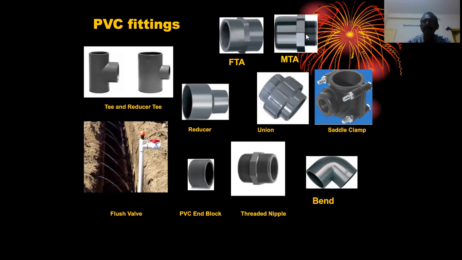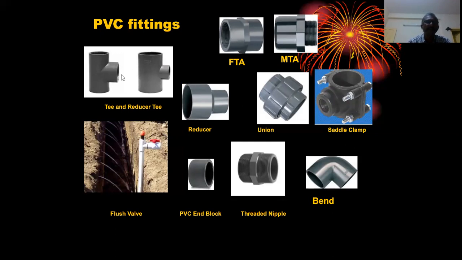Similarly, if our GI pipe has an internal thread, then with this component we can connect PVC pipes. When this is connected, from this side onwards we can connect PVC pipes by using adhesives.